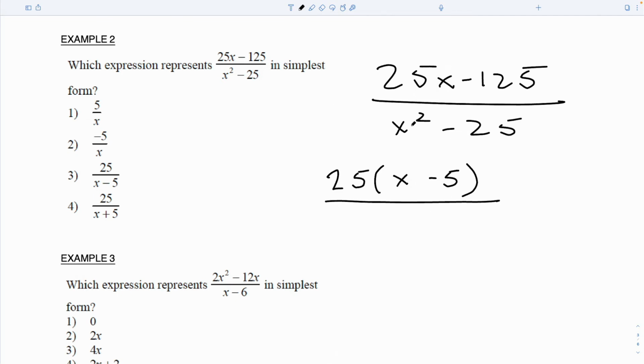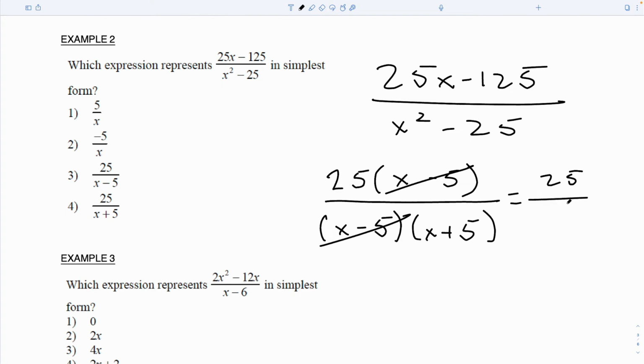Let's factor the bottom. X squared minus 25 can factor into 2 binomials. Kylie, what 2 would work? X minus 5, x plus 5. Is there a binomial I can cross out? Sure, cross out the x minus 5, and you get 25 over x plus 5.